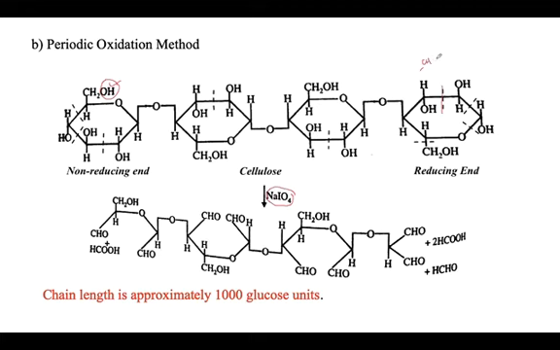And if there are, like in that video we already knew, three diols on adjacent carbons, then there will be the loss of formic acid, HCOOH, and the formation of two aldehyde groups.